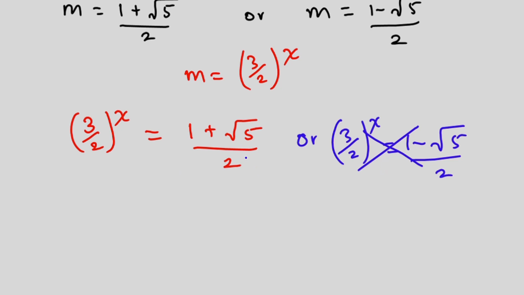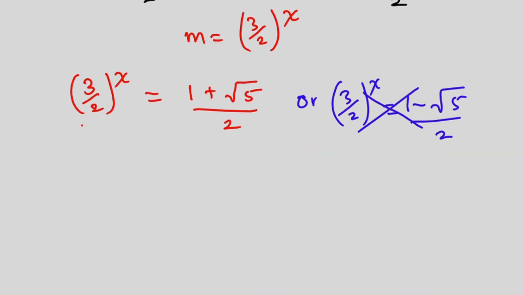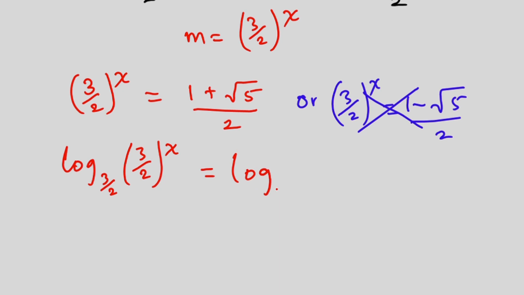So let's go ahead and then consider this equation over here. From here, let's take log in base 3/2 on each side of the equation. So we're going to have log base 3/2 of (3/2)^x is equal to log base 3/2 of (1 + √5)/2.